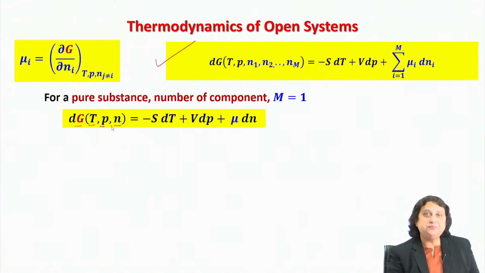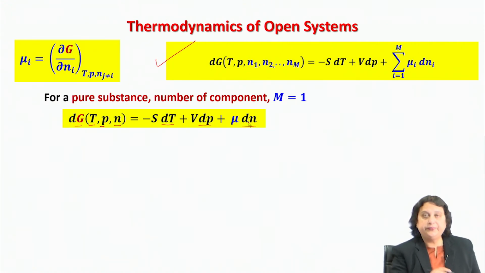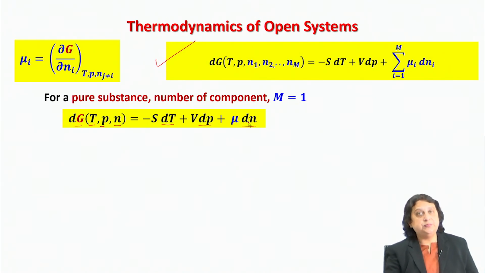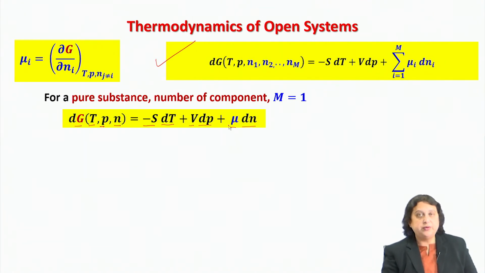Therefore, dG(T,p,n) is going to be a function of dT, dp and dn. And what are going to be the coefficients appearing with dT, dp and dn? So this is going to be minus S, this is V, and this by definition is mu, where mu is the chemical potential of the pure substance that makes up my system.